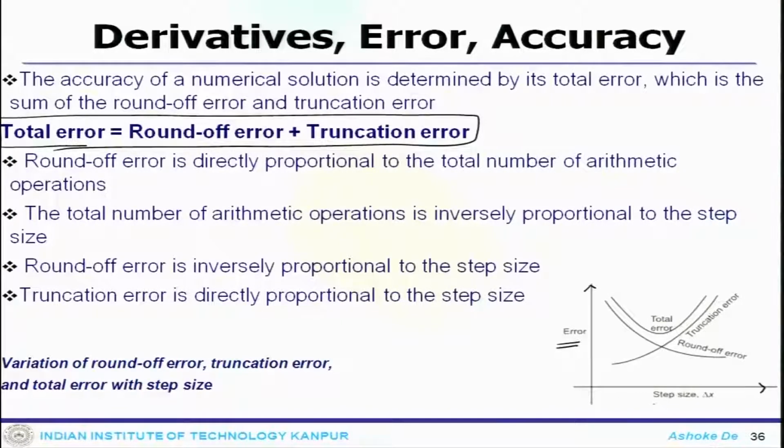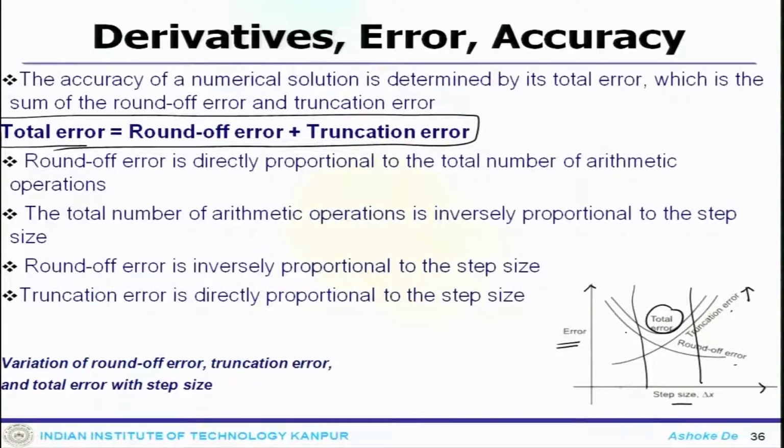So, if the grid size or the step size increases, my truncation error goes up, which is obvious because the higher order terms which are truncated off from the Taylor series will lead to more error. But round off error can come down, and if the grid size is small, truncation error comes down, but it is always between an optimum zone where your total error is minimized.